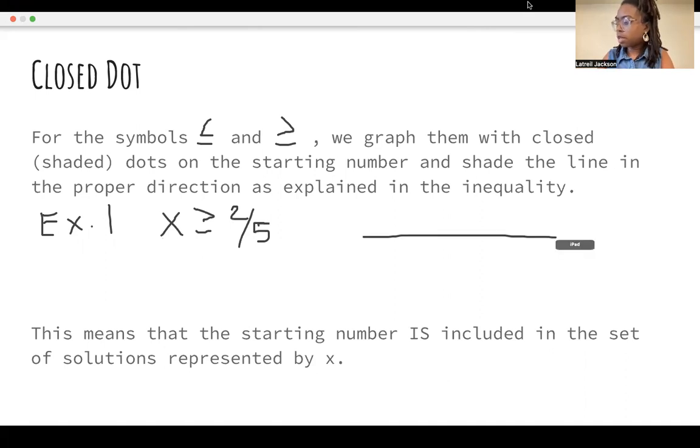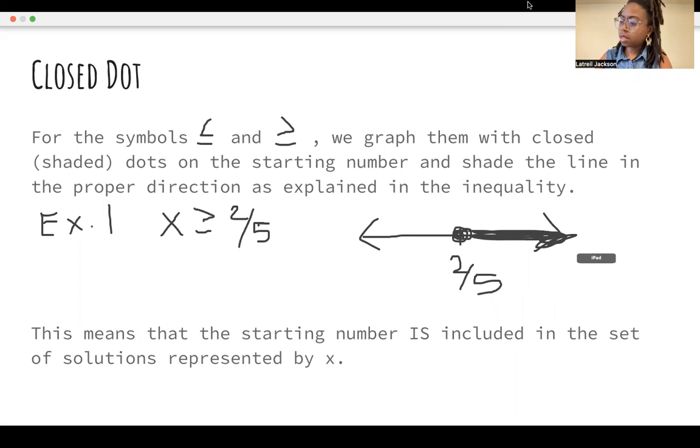So we draw our number line, plot 2/5, and then we use a closed dot to mark it. So that's our starting point. And we are saying that x is greater than or equal to. So the equal to is that it's a closed dot, and the greater than means that it's going in the positive direction. Everything greater than 2/5.